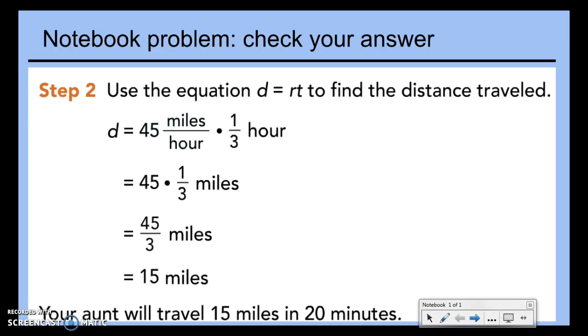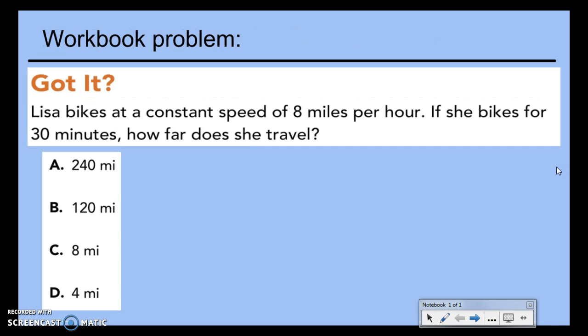Alright, let's do this one together. Lisa bikes at a constant speed of 8 miles per hour. If she bikes for 30 minutes, how far does she travel? All right, so we're going to use our equation, dirt. D equals RT.